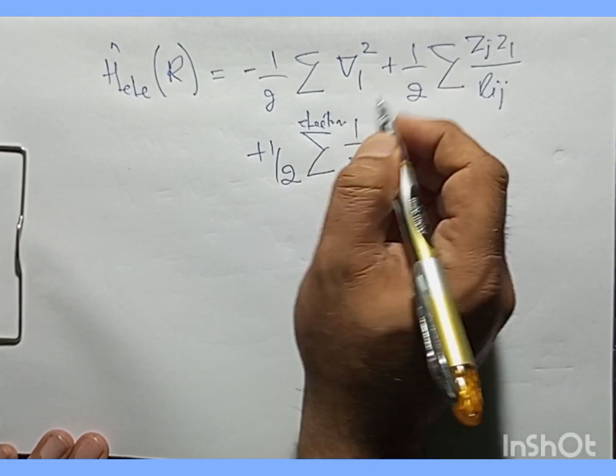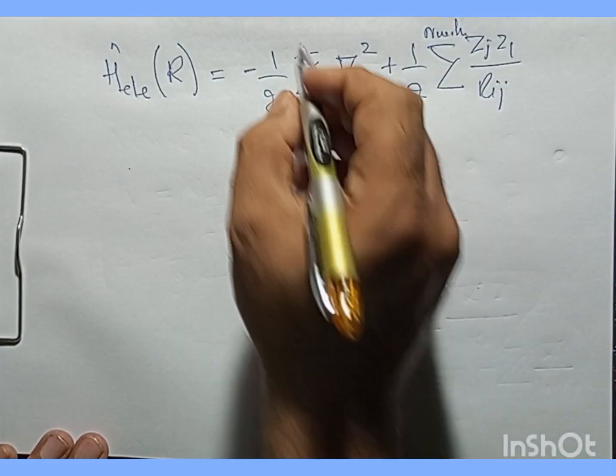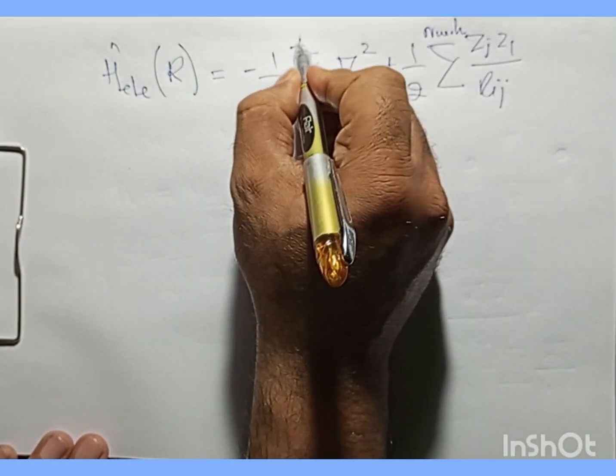This is for nuclei here, and this is the kinetic energy of electrons here.